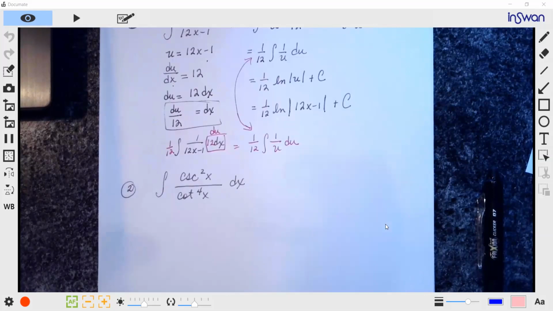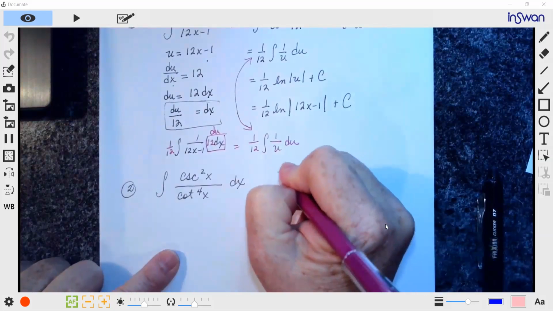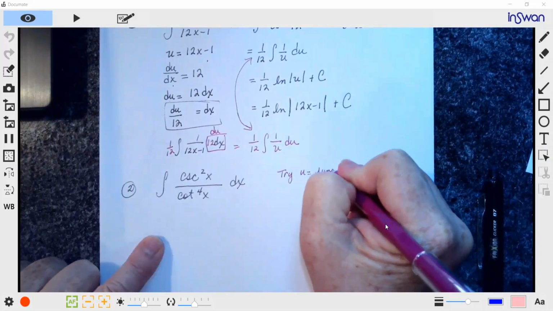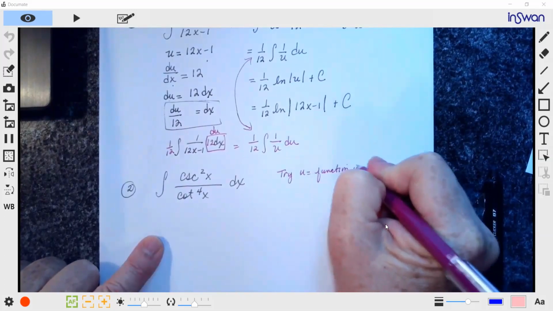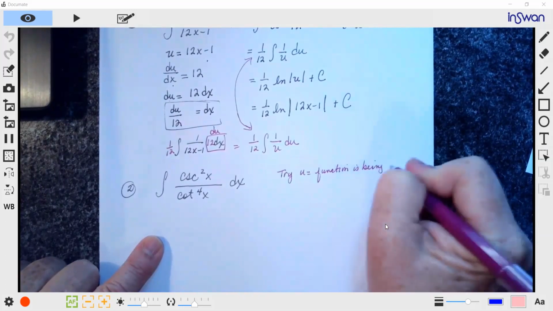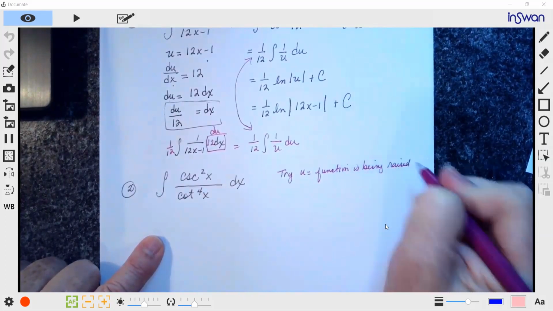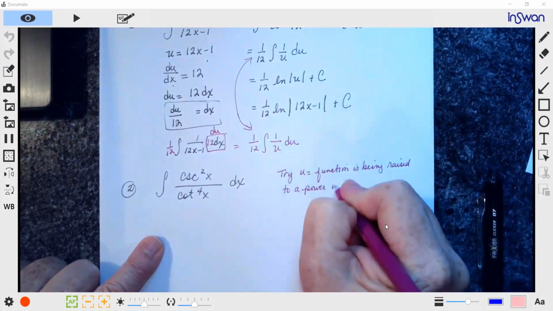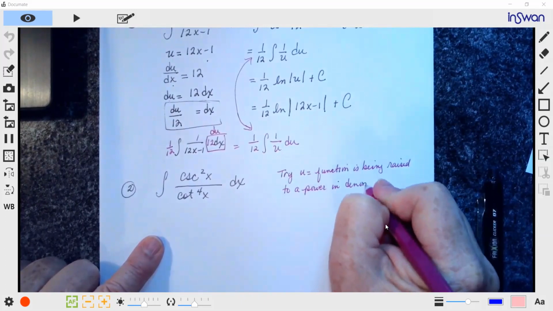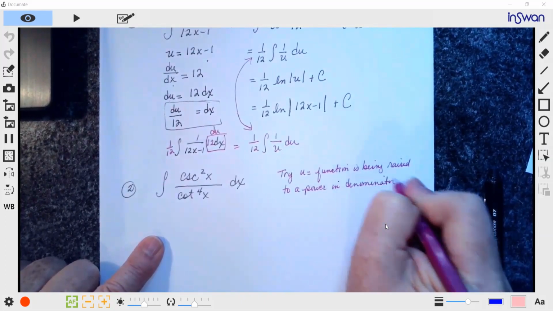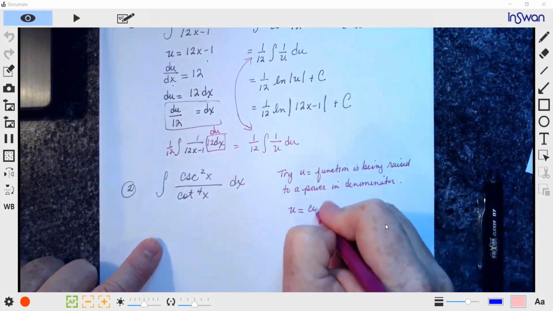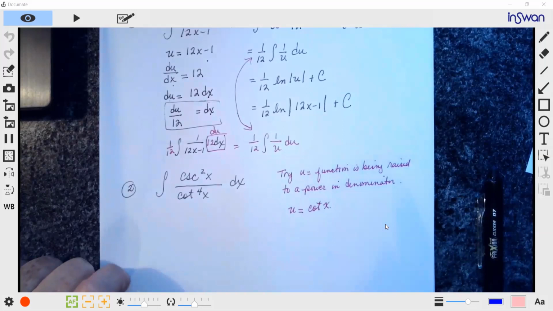So if I'm going with trying to make u be whatever function is being raised to a power in the denominator, then my u would be cotangent x, because that's what's in the denominator and raised to a power.